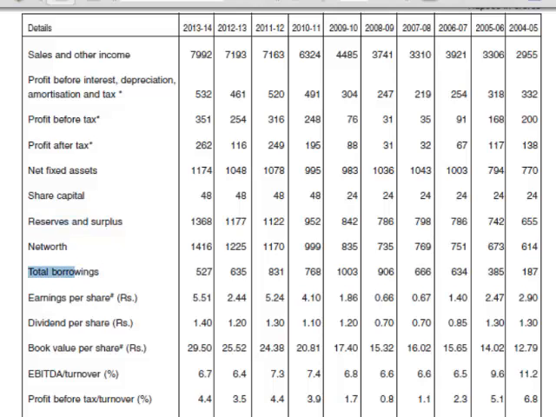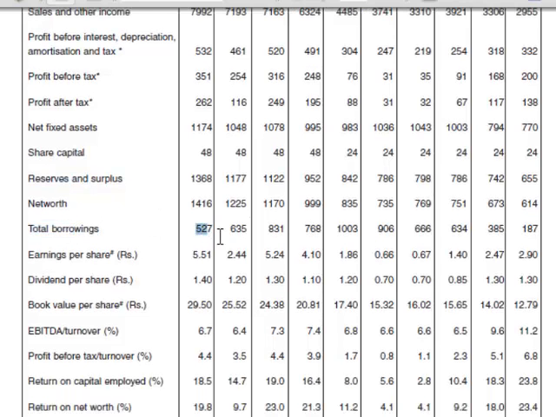Total borrowings 527, 635, 831. So these are the numbers. Let's look at them carefully. 187, and then it increases to 300, then double next year 600, 900, 1000. Then they reduce some leverage here 700, and currently it's 527.